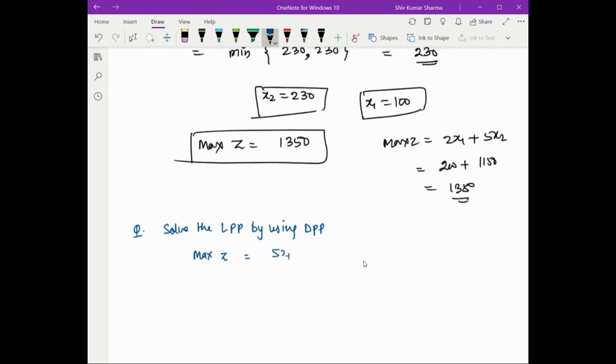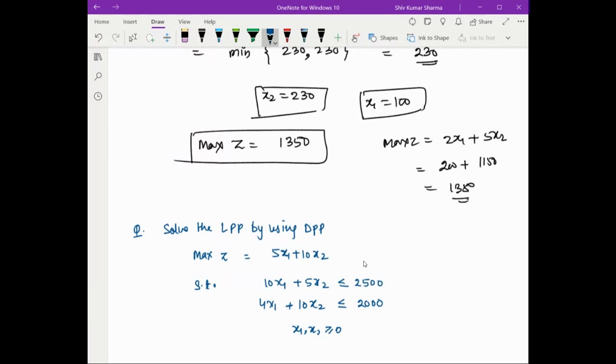Maximum z equal to 5x1 plus 10x2, subject to the constraints 10x1 plus 5x2 and the second 4x1, with x1, x2 greater than 0.